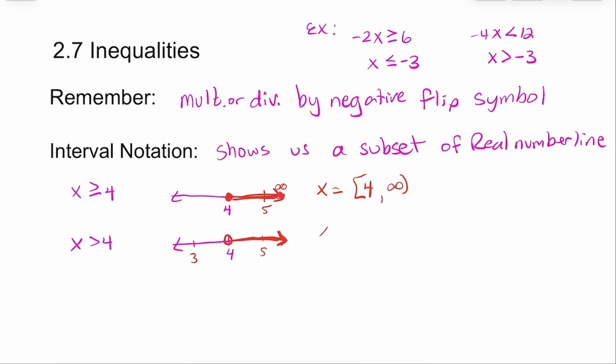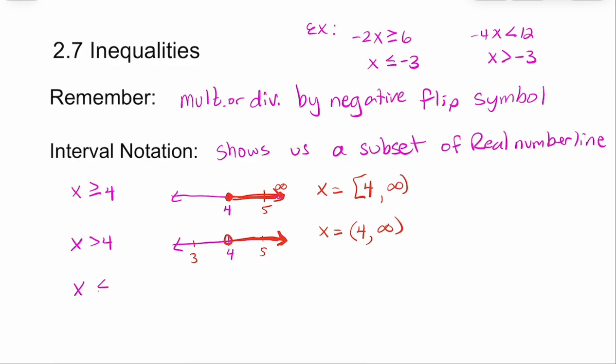So our interval notation follows the number line, and it indicates there's an open circle on the 4 by putting a parenthesis on the 4, not a bracket. So that's what greater thans look like.